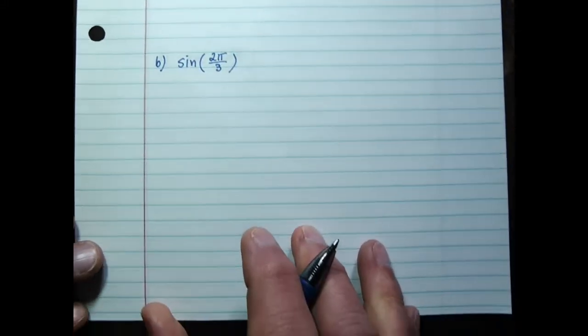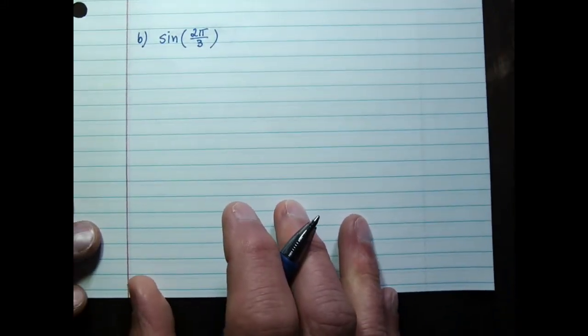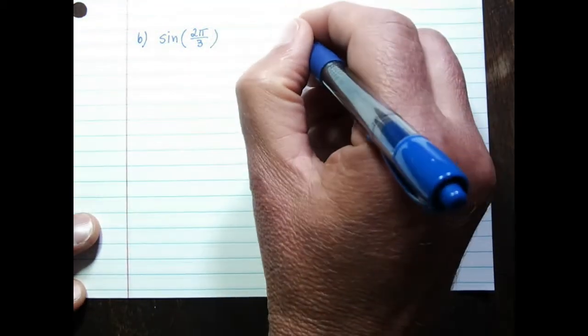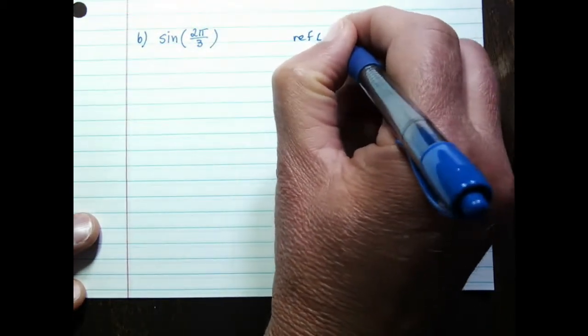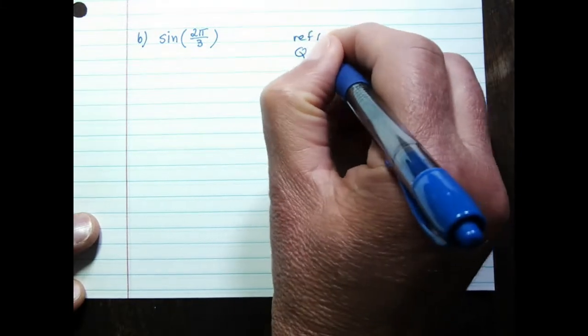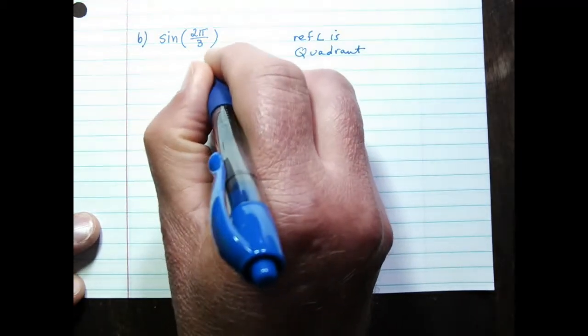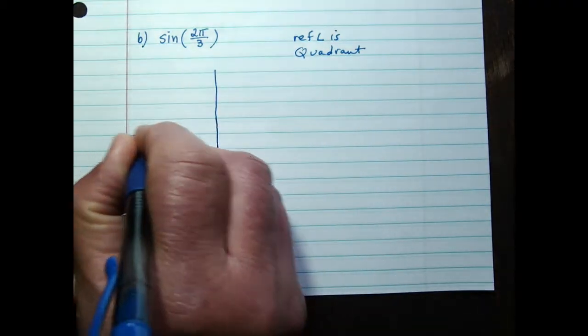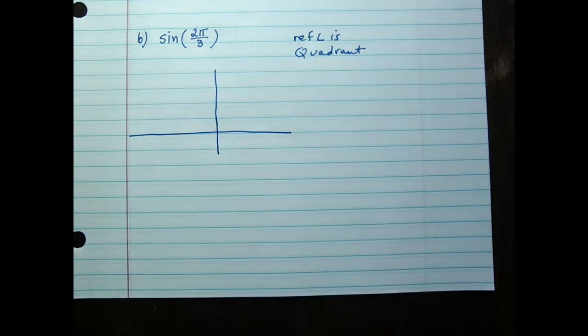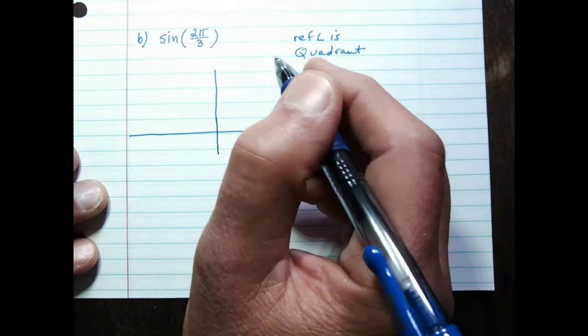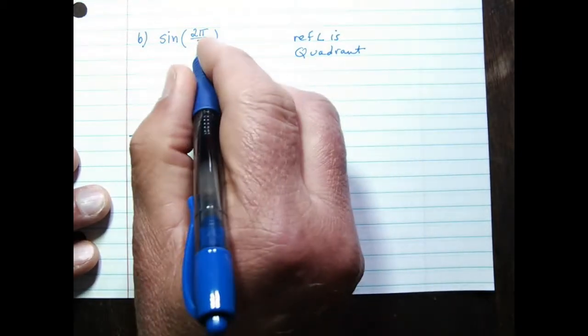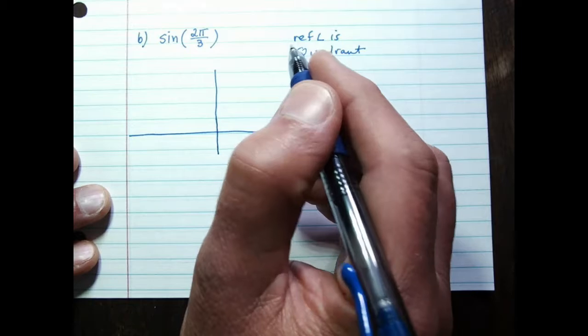Okay, let's do another. Sine of 2 pi over 3. Again, we need a reference angle, and we need to know the quadrant. 2 pi over 3. Let's see, 2 pi over 3, I know I'm counting multiples of pi over 3.